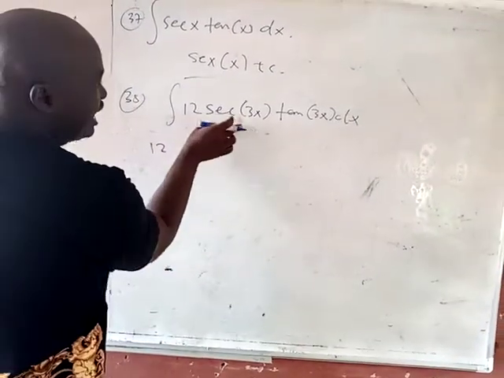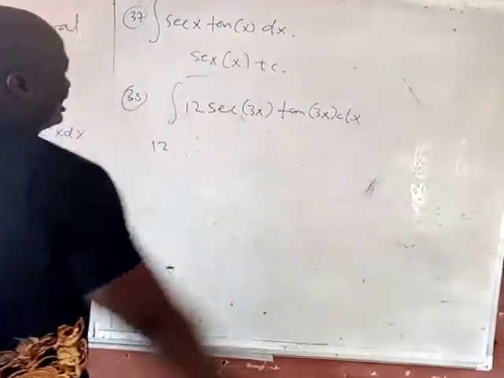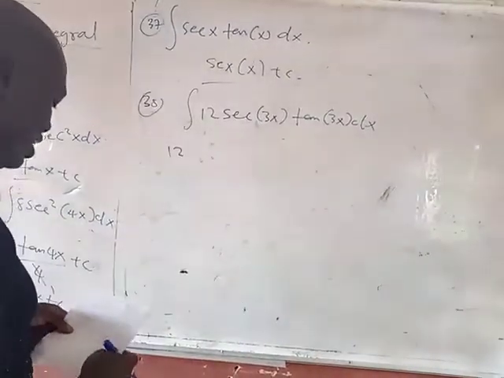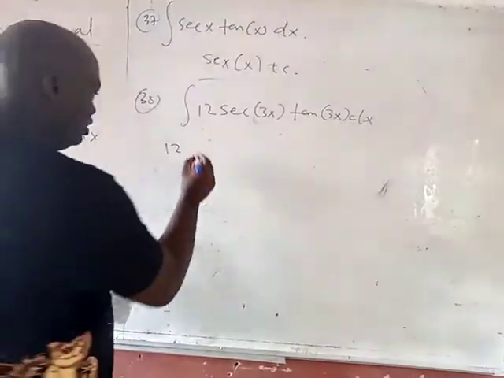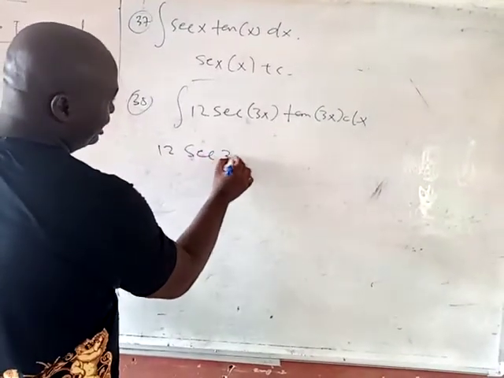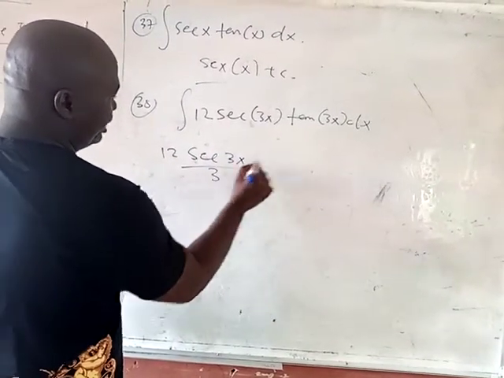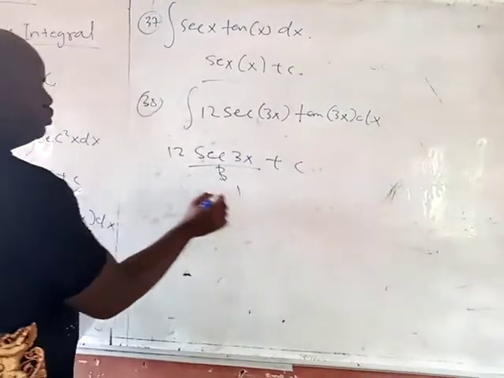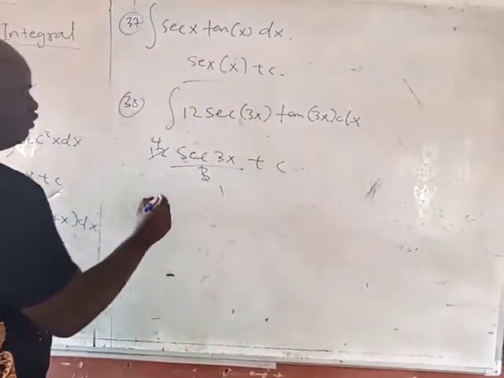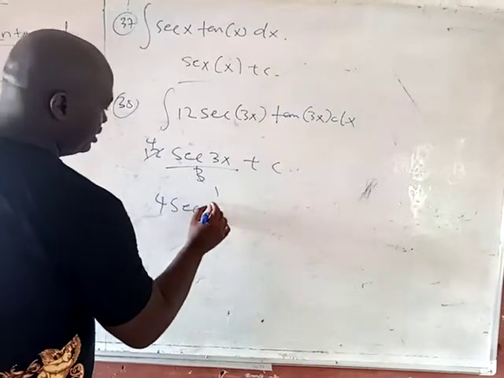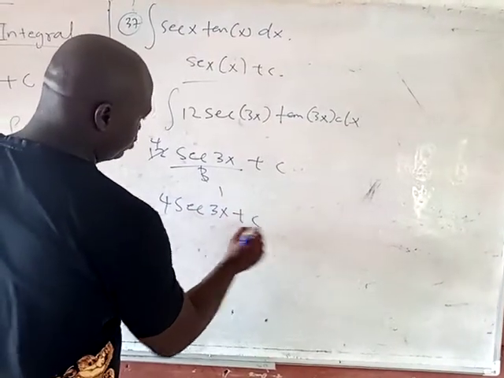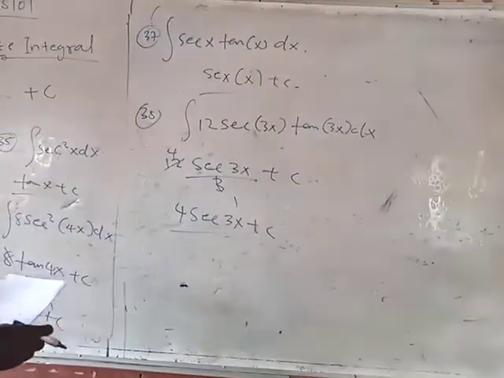The integration of sec x tan x will give you sec x. Can you see how simple this is? So all you have is sec of 3x divided by 3, plus C. But the 3 will go into the 12, giving 4. So you have 4 sec 3x plus C. Are you with me?